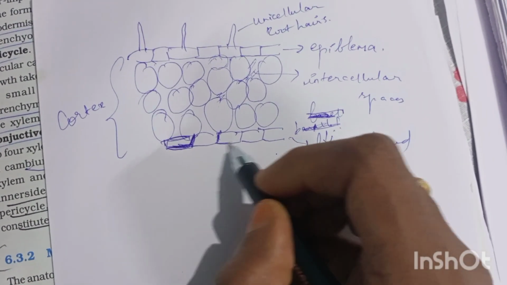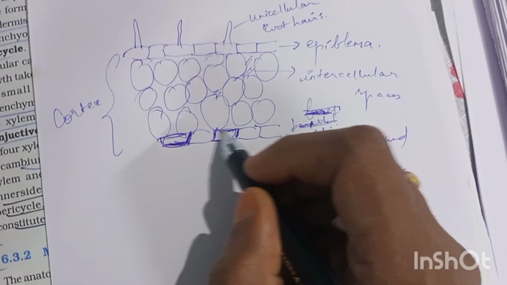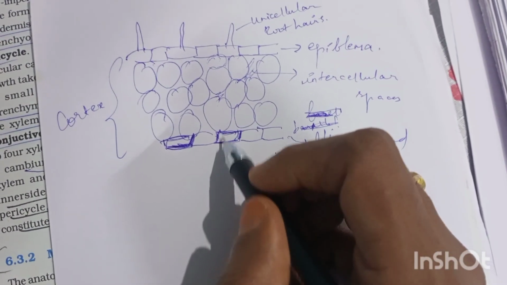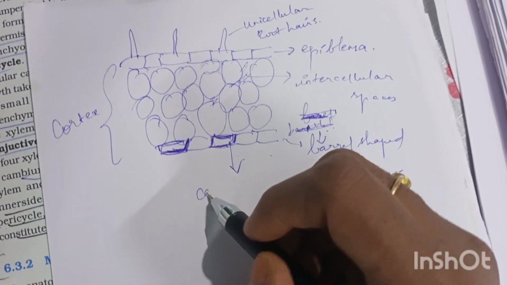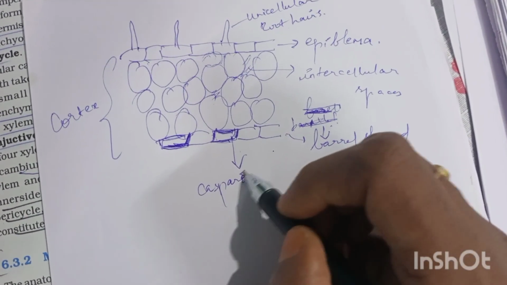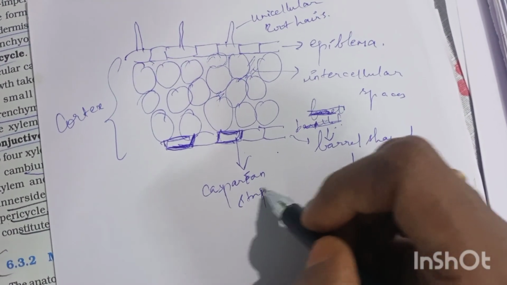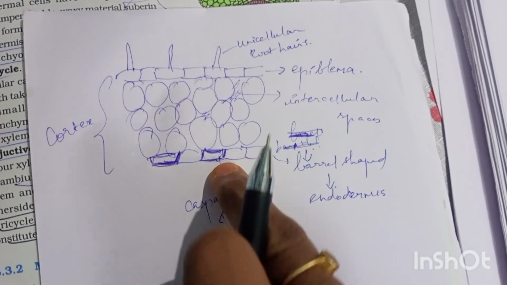Some endodermal cells will be thickened in the tangential as well as radial walls, and these thickened endodermal cells are known as Casparian strips.